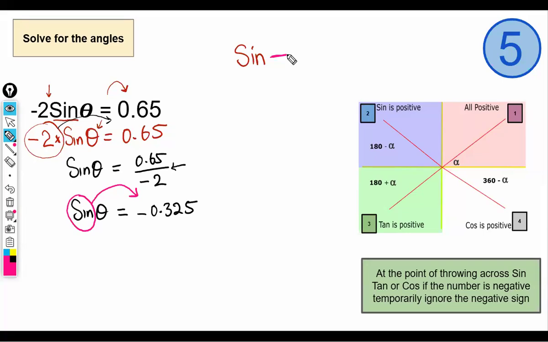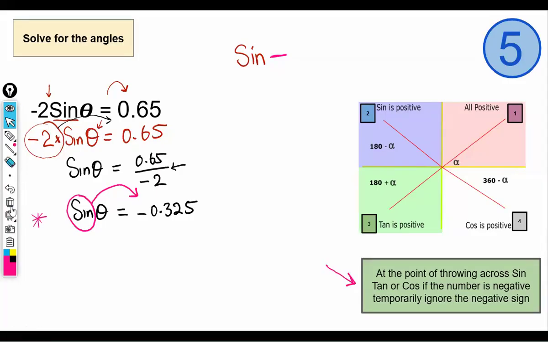You think you all could take the question from here now? I think you all could do it from there because from this point, it's a regular boring question that we did before. The only point of this particular question is that you can't make a judgment call too early in the game. You can't say it's positive or negative as yet. Only when it's time to throw across the sine, tan, or cosine, then you could determine it.